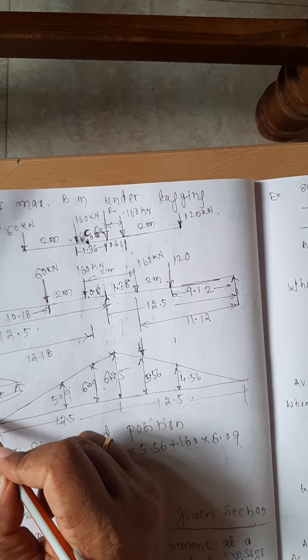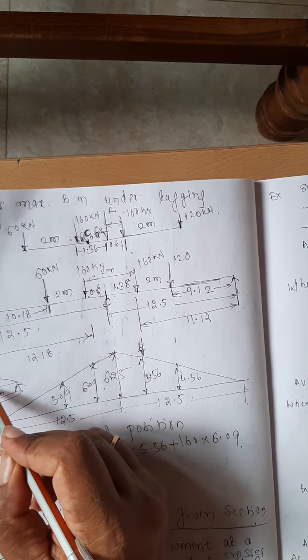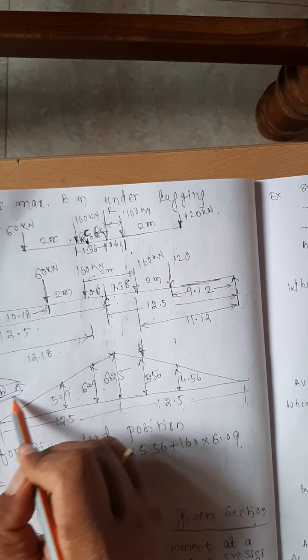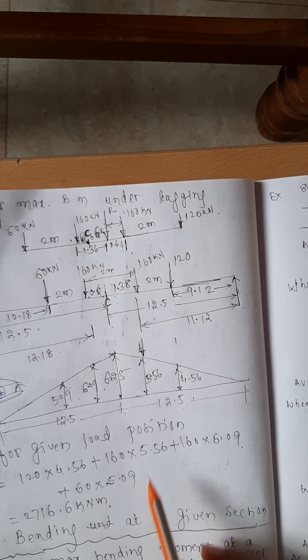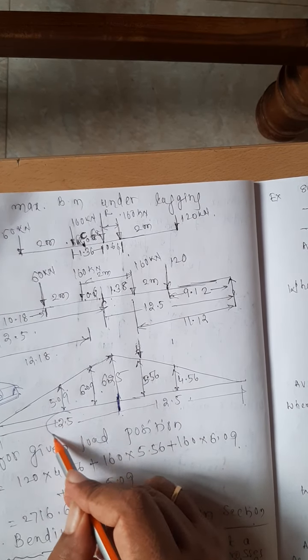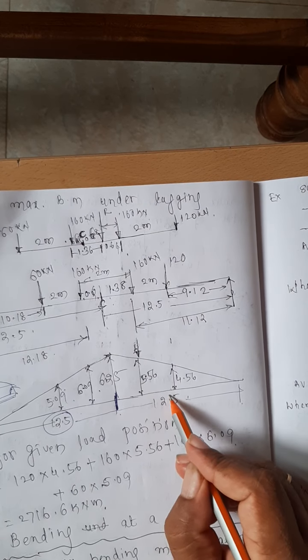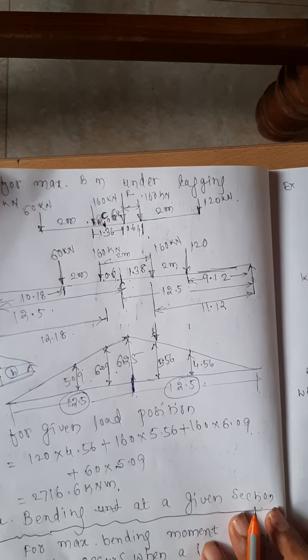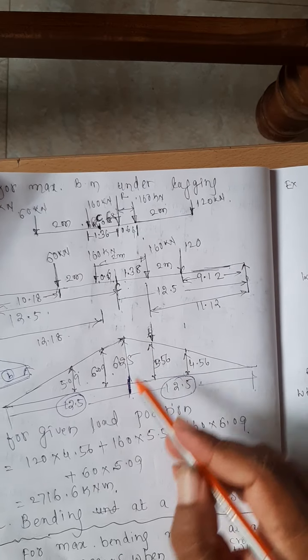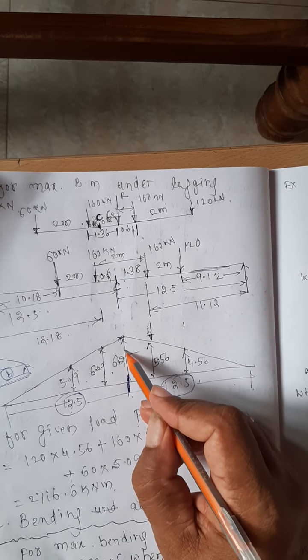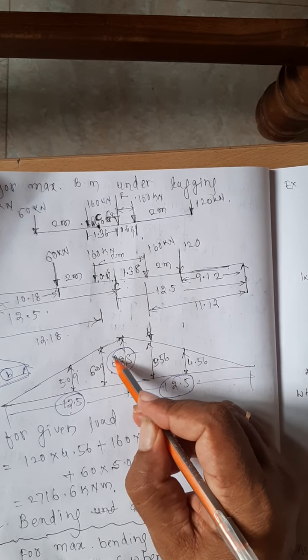This number is given by W, which is 1, into A into B divided by L. Like that, here I want it at the center of the beam. Therefore this distance will become equal to 12.5. This distance will become equal to 12.5. Therefore this ordinate is equal to 12.5 into 12.5 divided by 25, which is 6.25.